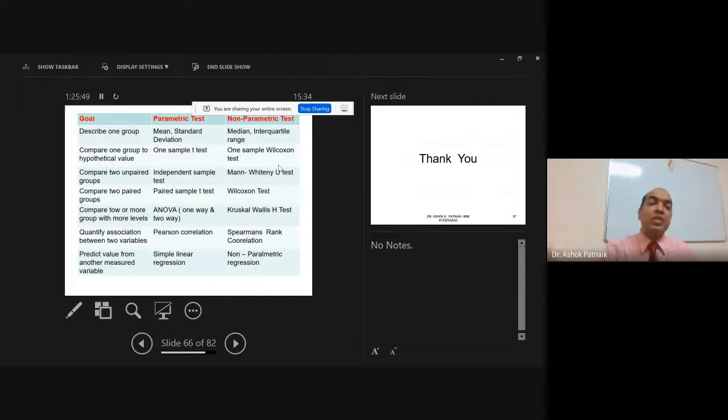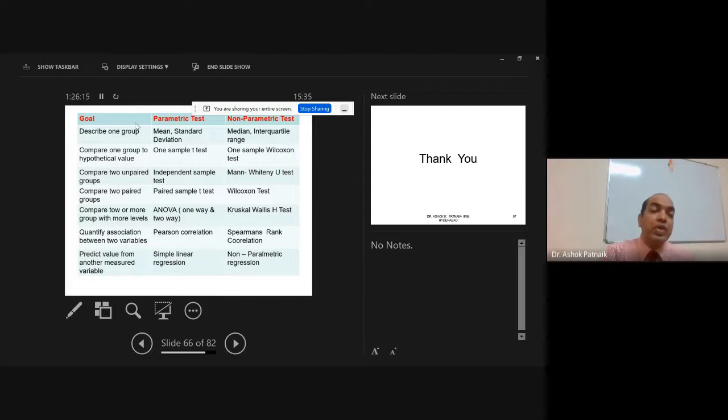So again, presentation is a different part, and this is what I was telling you: when you have the data, you first decide what your goal is, and based on that you have to choose one test, parametric or non-parametric. You have different tools I have listed here, right? You can choose from them based on your goal.